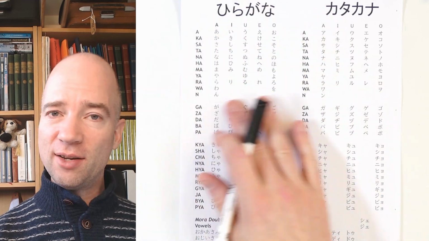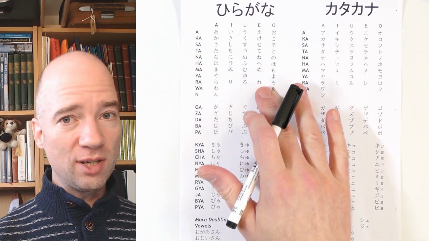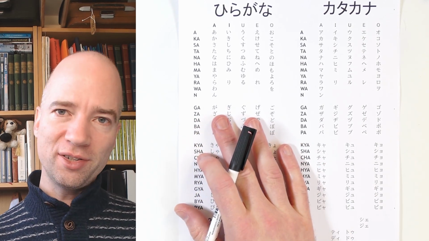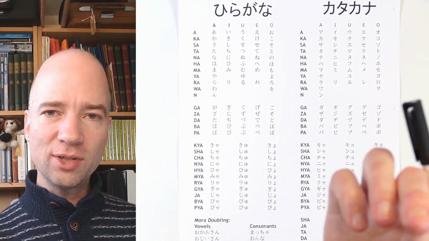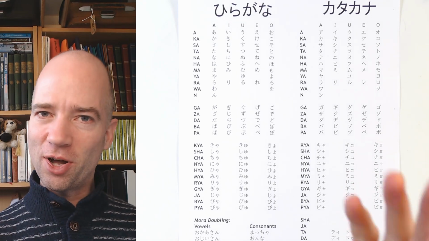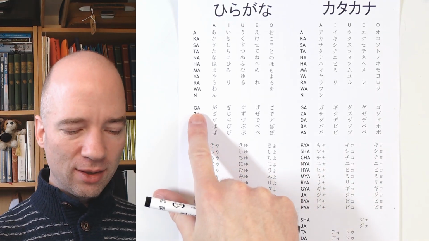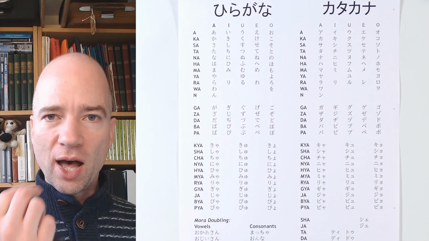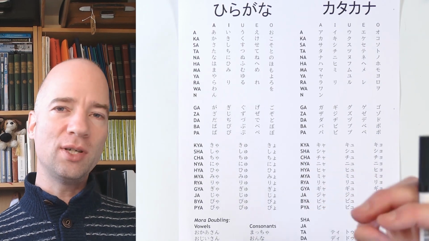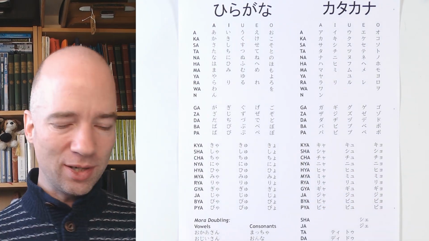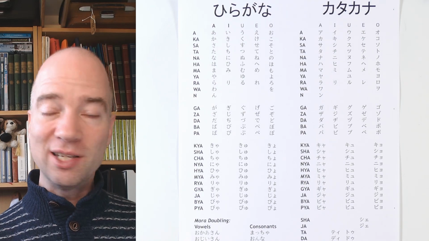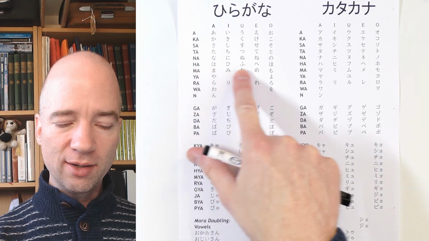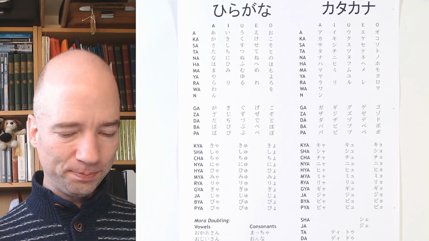After the standard ones, which are just 46, we have the voiced ones, the ones that get a little dakuten, a little quotation mark like symbol on them, to make the ga, za, da, and ba lines, and also with a handakuten, the half dakuten, which is a little circle like a degree symbol. It also looks like a Japanese full stop. That makes the pa line, also based on the ha characters, as you remember.